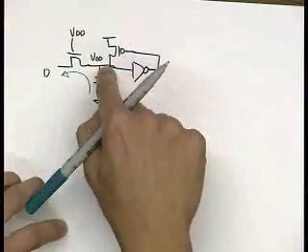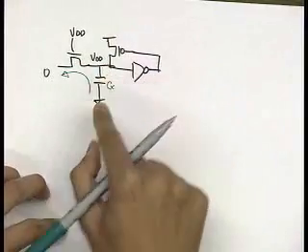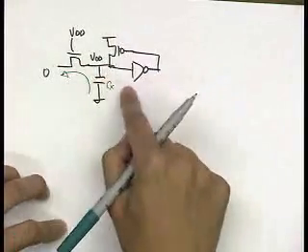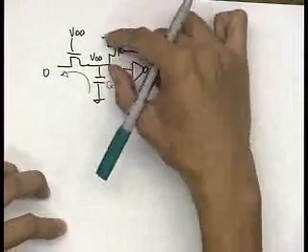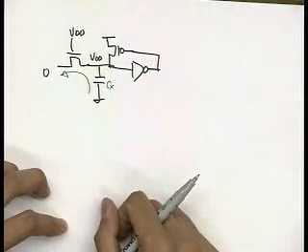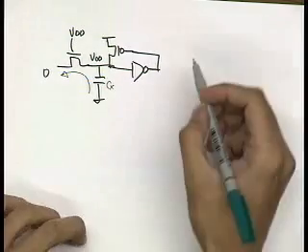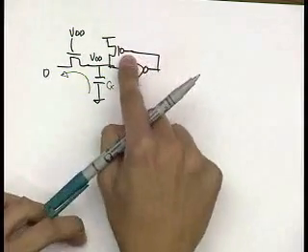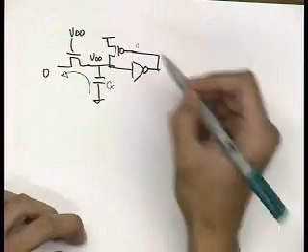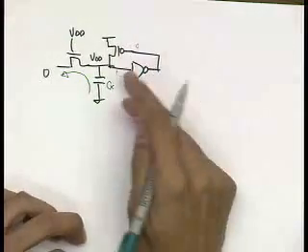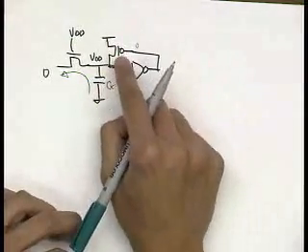Notice that as soon as VDD goes down, I'm discharging this, what happens to the VDS of my PMOS? VDS goes up. Okay, and we know that if I have a 1 here, I have a 0 here, this is on.